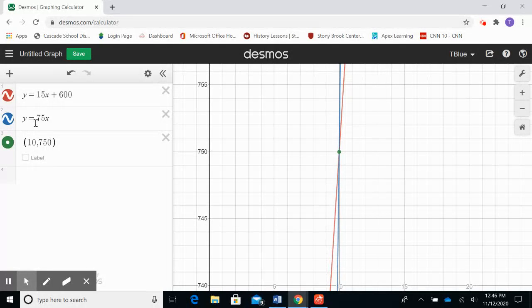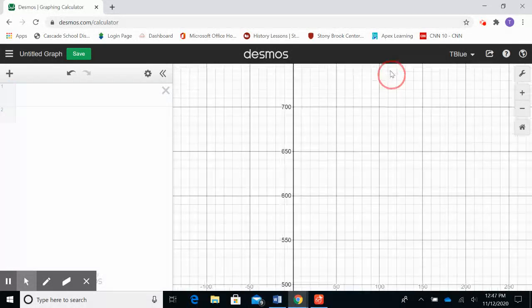Yes, 750 equals 750. If I plug it in here, 750 equals 15 times 10, that's 150, plus 600. So 750 equals 750. This makes both of these true. It's the point where the lines cross. Okay, let's clear this out.